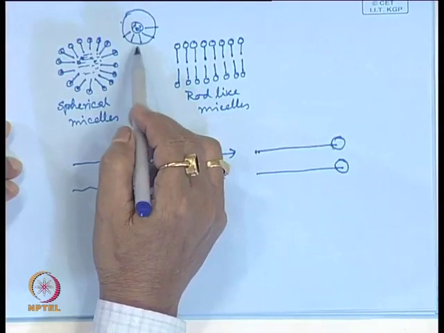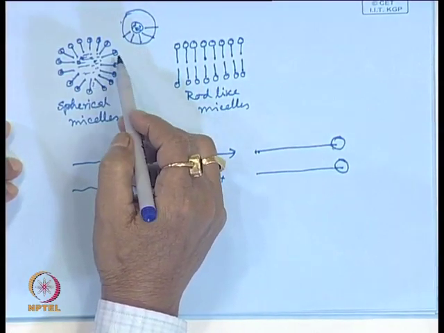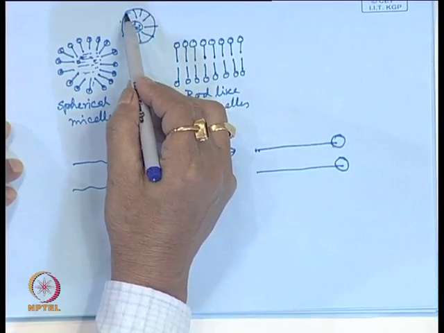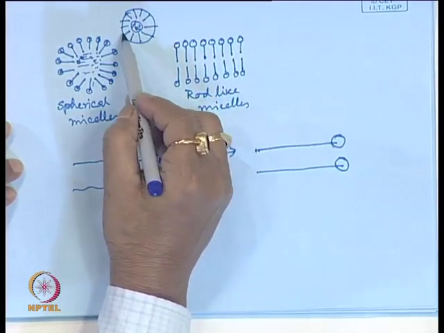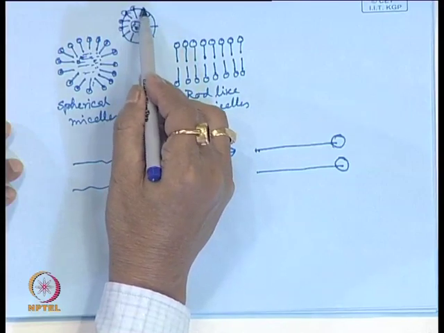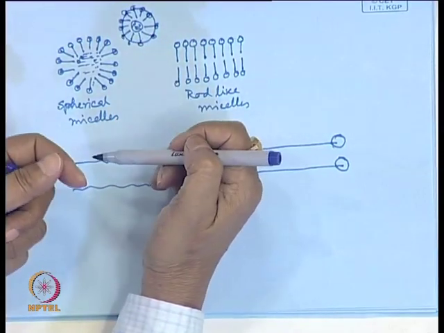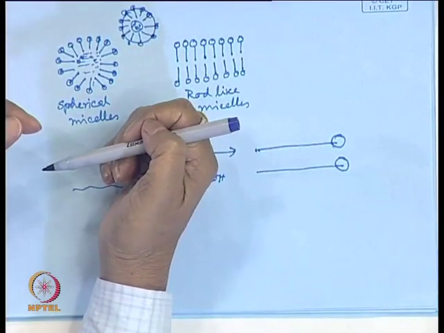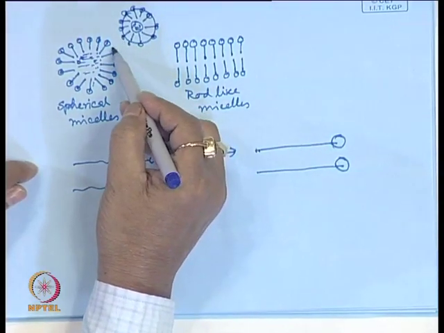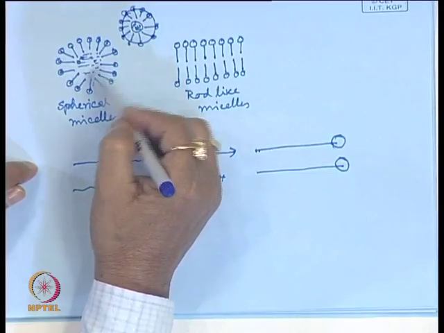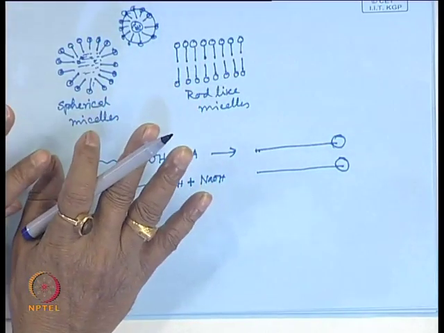These micelles or soaps are called lipid-like molecules or lipids. So, these two cannot coalesce, because this is polar, and inside the core there is monomer. So, this is the system.